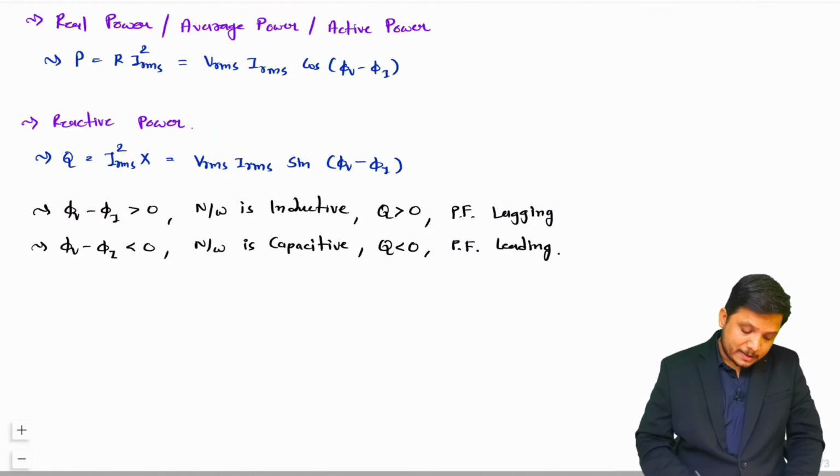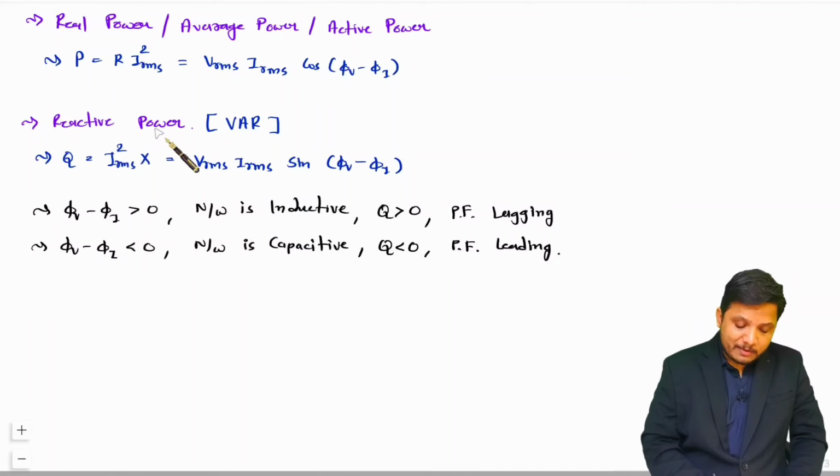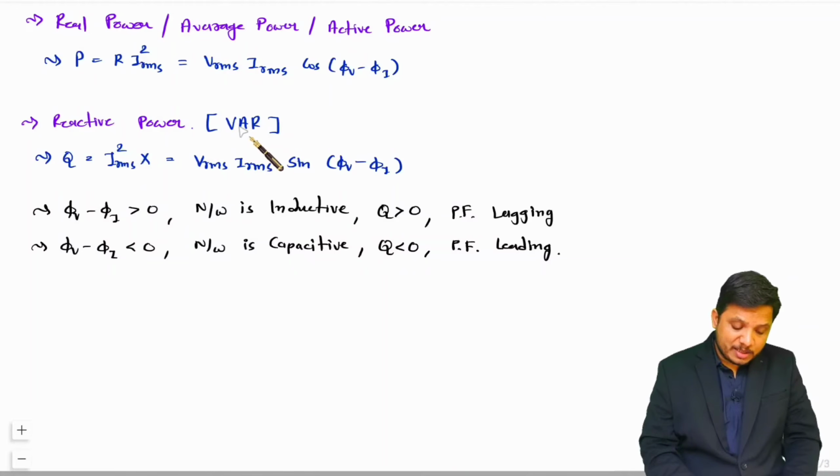Now my dear students, one more essential point that you should know. Whenever you talk about reactive power, it is always measured in VAR. What is VAR? Voltage ampere reactive. So whenever you are given a question and the unit is VAR, you can immediately say that it is reactive power.